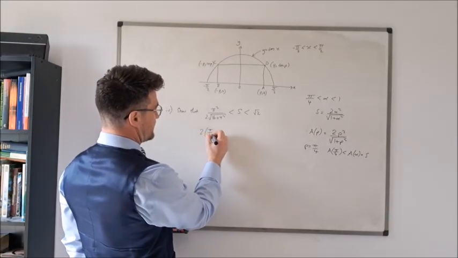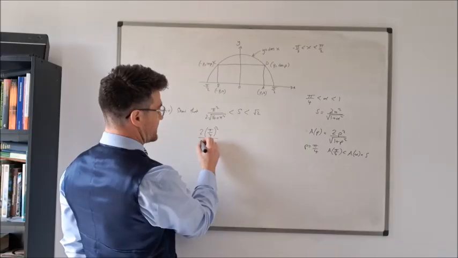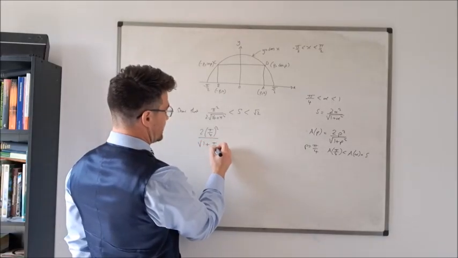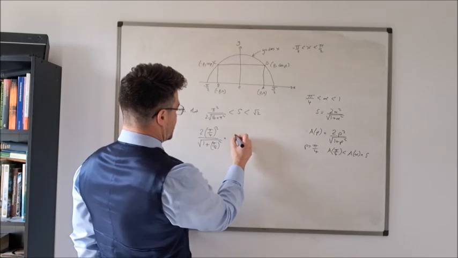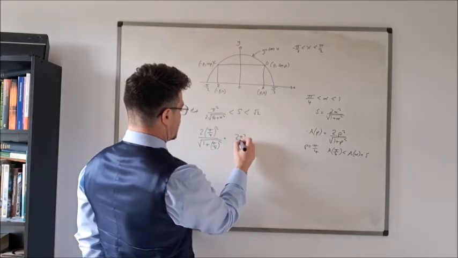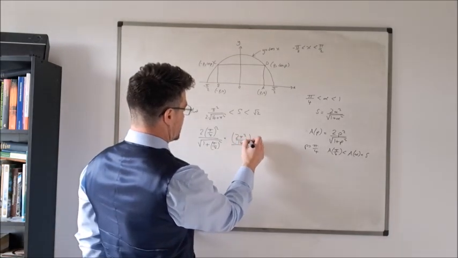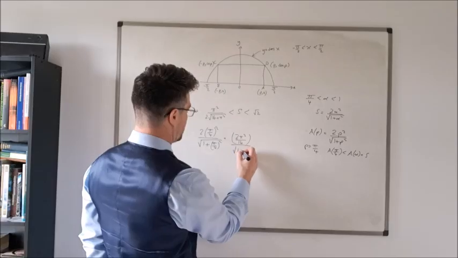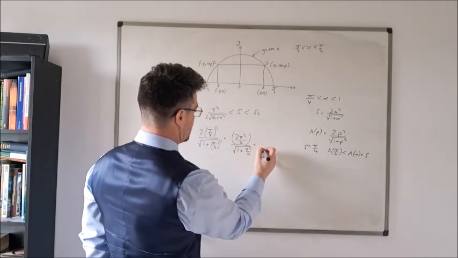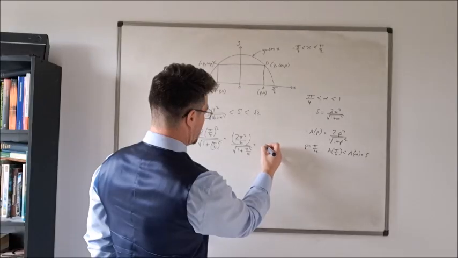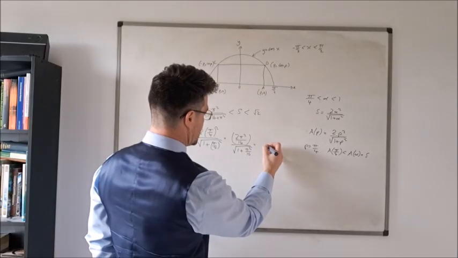So I get 2 pi by 4 squared over square root of 1 plus pi by 4 squared. So this is going to be 2 pi squared over 16 all over square root of 1 plus pi squared over 16, which is multiply numerator and denominator by 16.